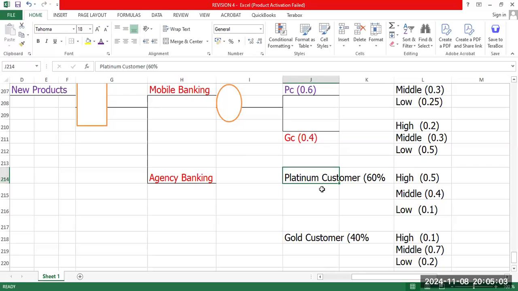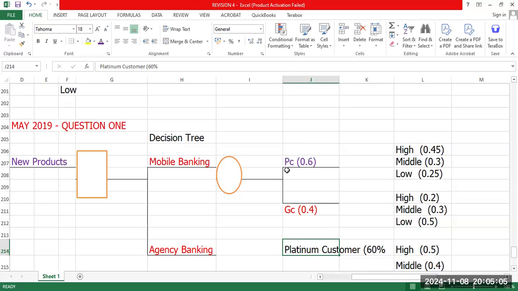Then I want to make sure that you also present this. These are also states of nature because you have the probability. Every time you're given a probability, know that those are your states of nature, which must start from a circle.